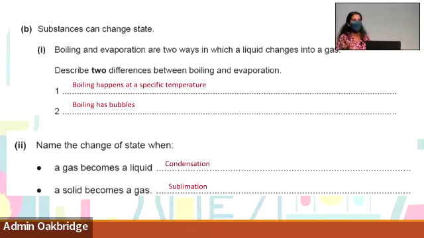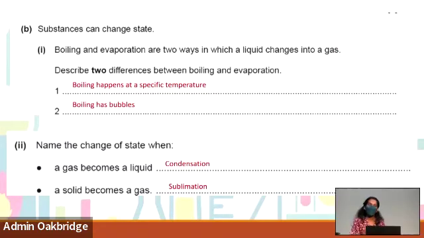Boiling, the changes I can really see with my naked eyes, but not evaporation. So what could be the answer? Boiling happens at a specific temperature and boiling has bubbles, right? And then, name the change of state when a gas becomes a liquid and a solid becomes a gas.